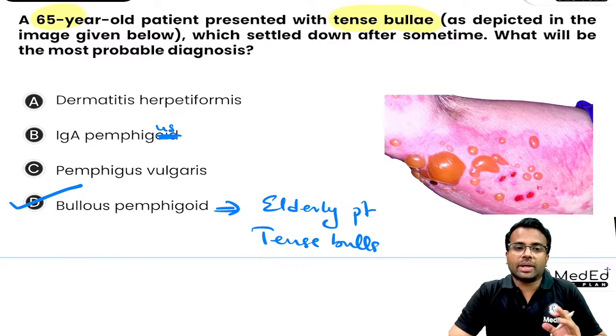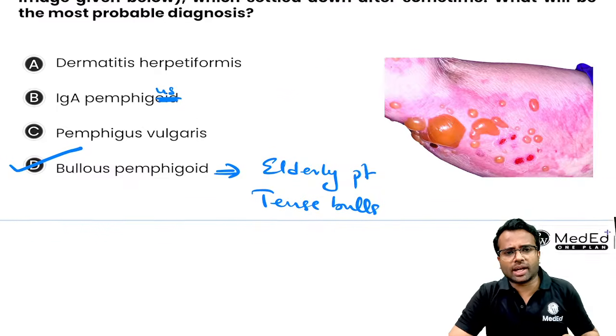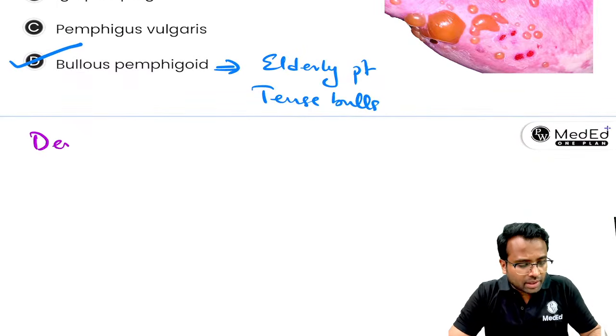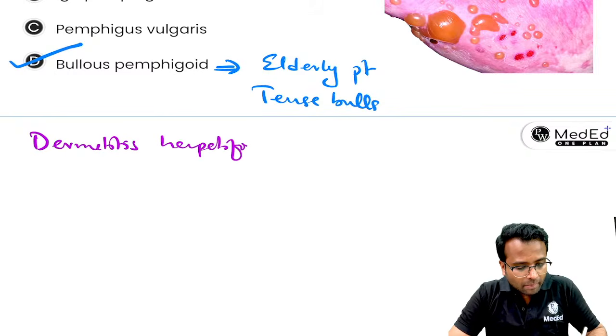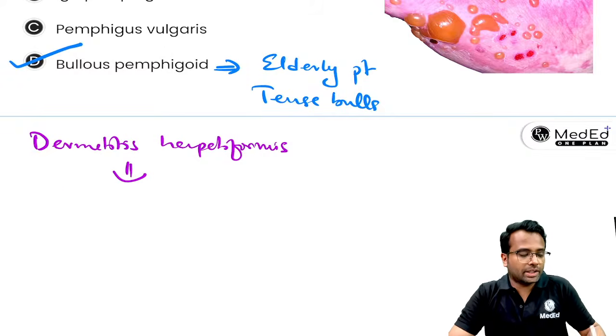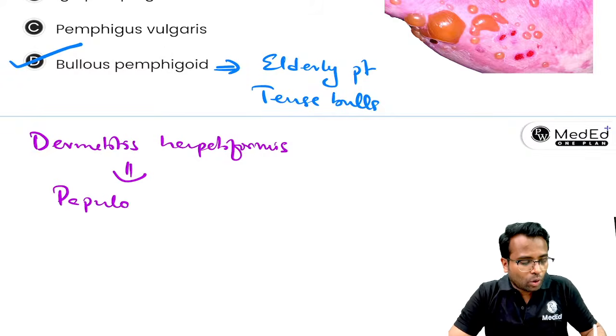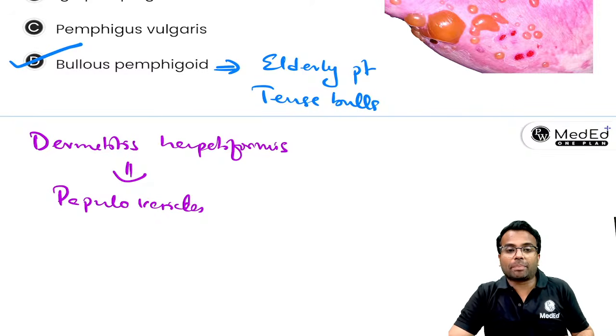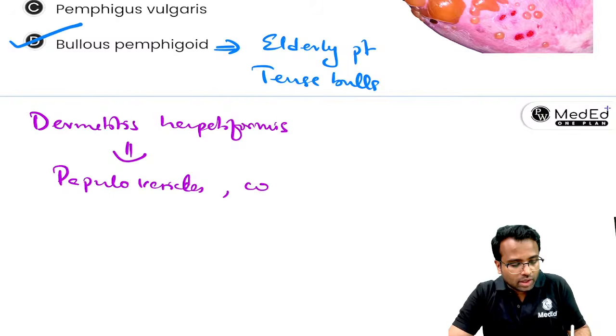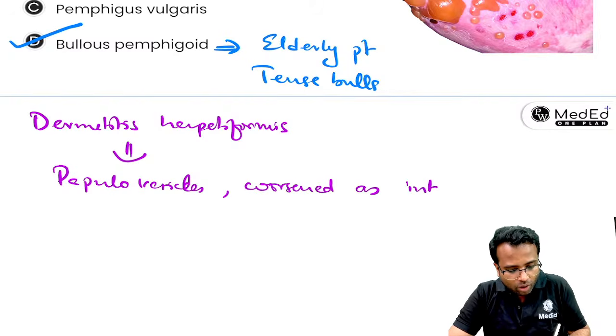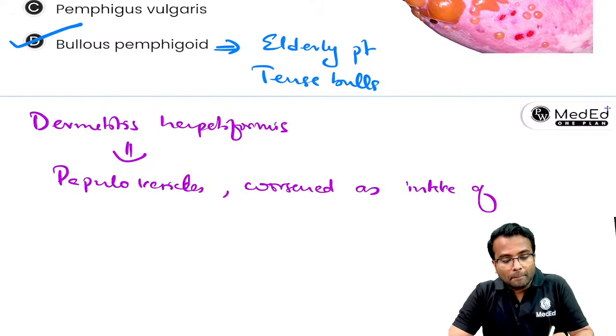In case the patient had dermatitis herpetiformis, then what could have been the scenario? Because if the patient was having dermatitis herpetiformis, the patient will never have a bulla. Instead, the patient would have papulovesicles, which get worsened on intake of BROW.